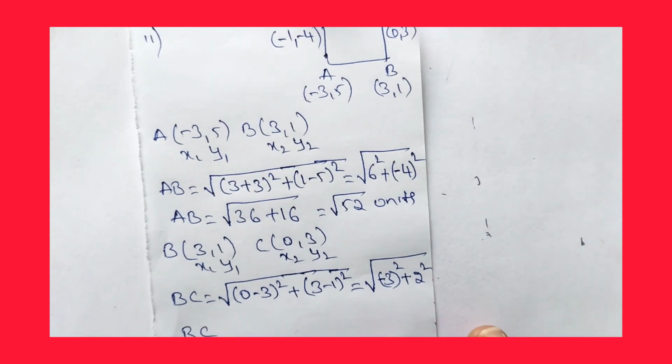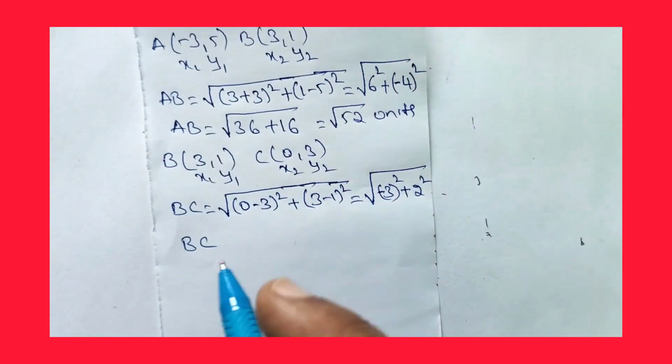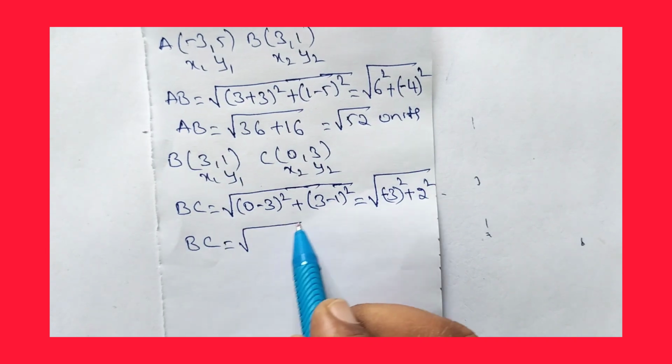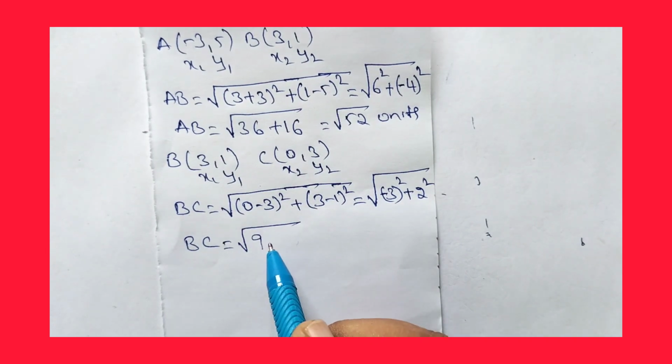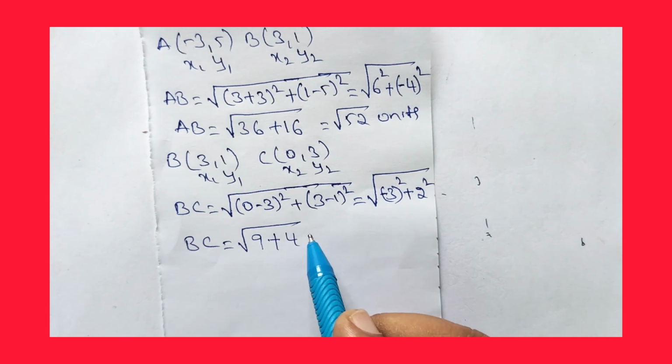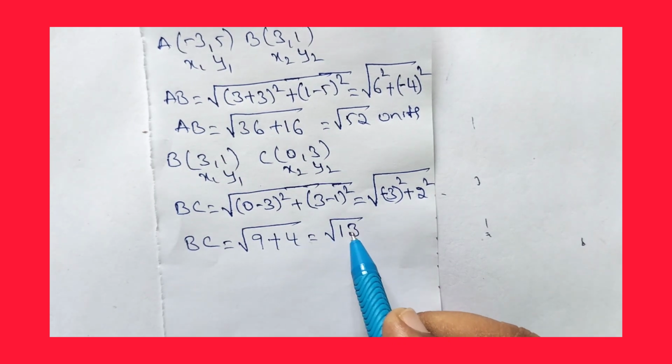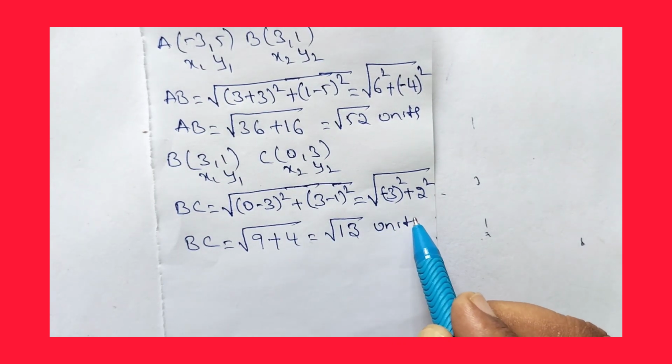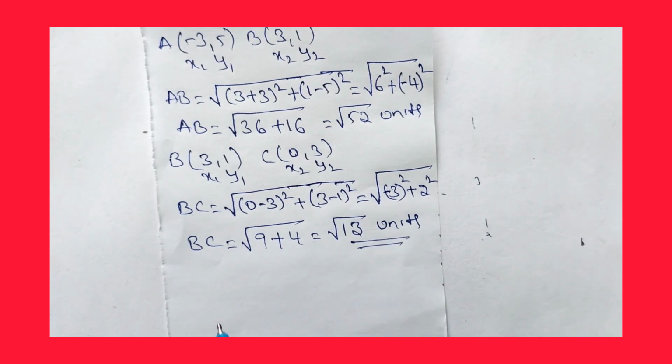So BC is equal to square root of 9 plus 4, which is square root of 13 units.